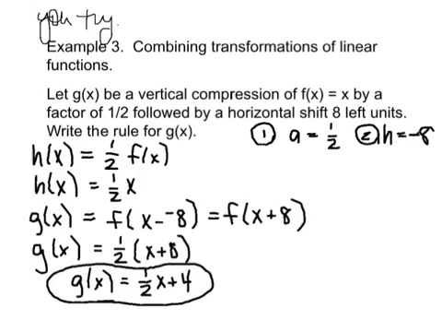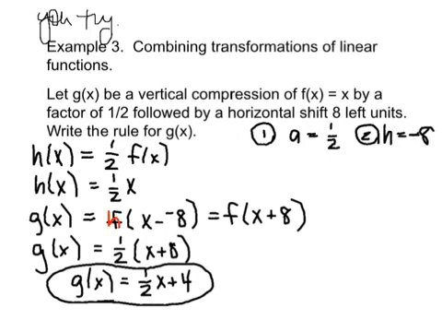Do your best. All right, first I went h of x equals a times f of x. a is 1/2. So h of x equals 1/2 x because our function is pretty simple. Then we went to g of x, the final step. g of x is, oh, there's a typo.